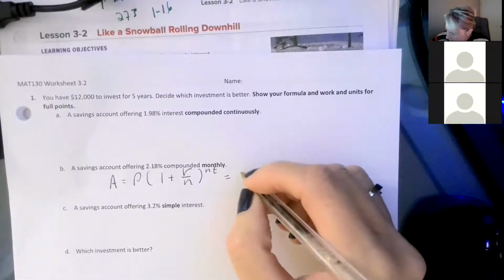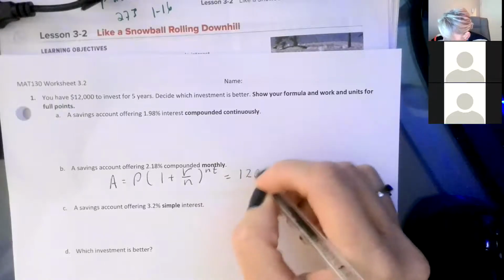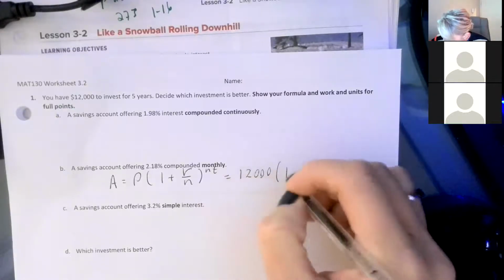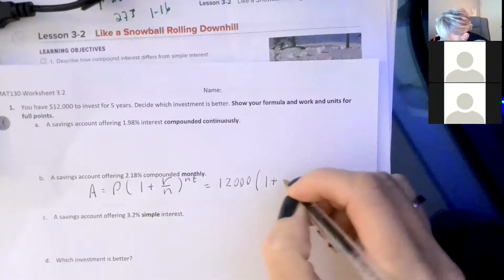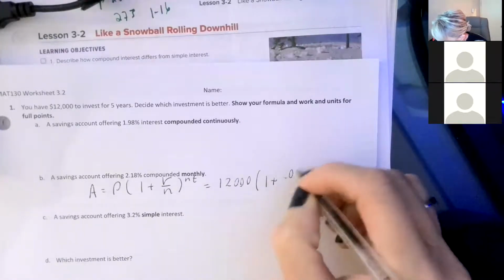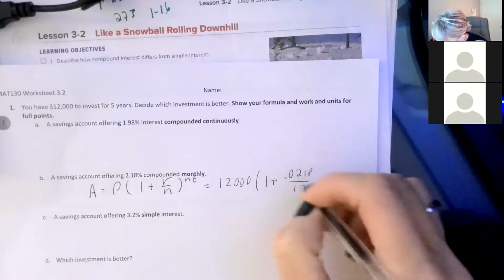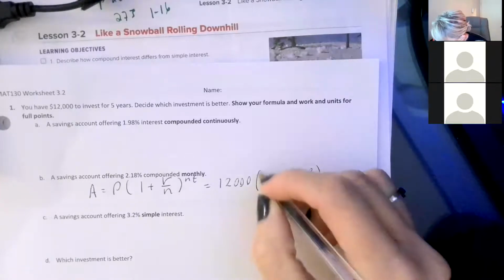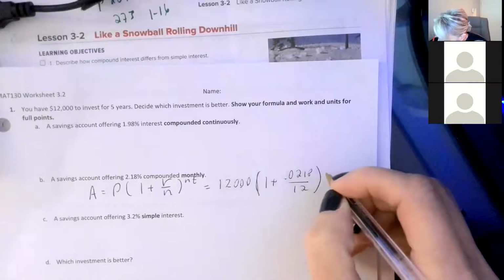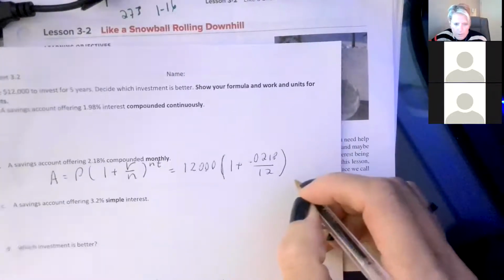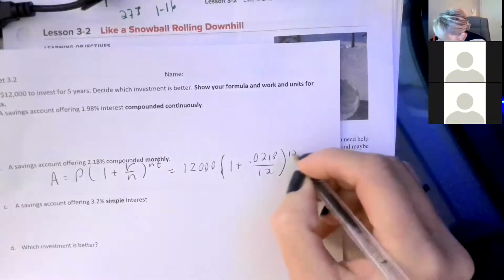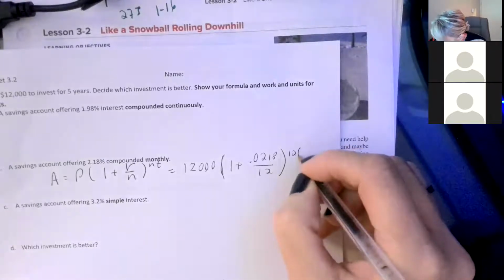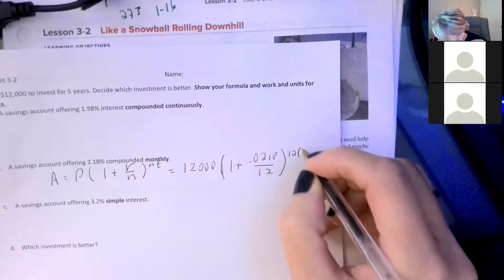I had the 12,000 as P, obviously, and then 1 plus 0.218 over 12. And then for my exponent, that's where I was a little bit confused. I put n as 12 again, and then multiplied by, and that's where I don't really know what I'm multiplying by. So one, maybe? I don't know.